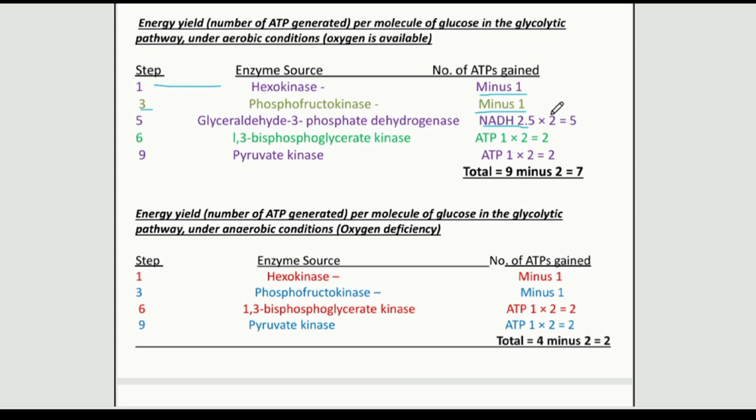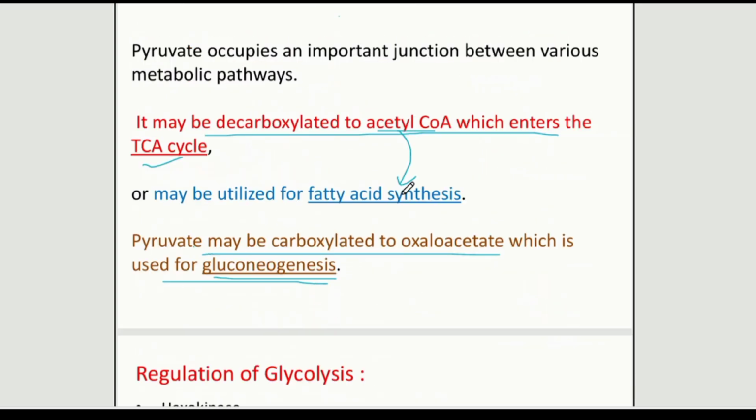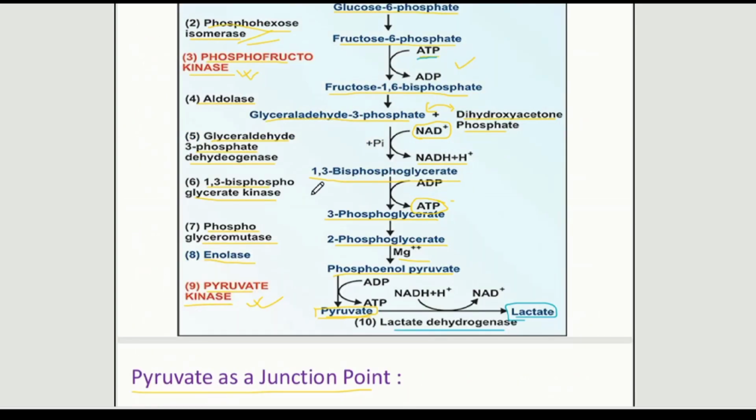So a total of 2 NADH plus H plus molecules are produced, and 2 into 2.5 gives 5. And then in the 6th stage we are getting 2 ATPs, and in the 9th stage we are getting 2 ATPs.